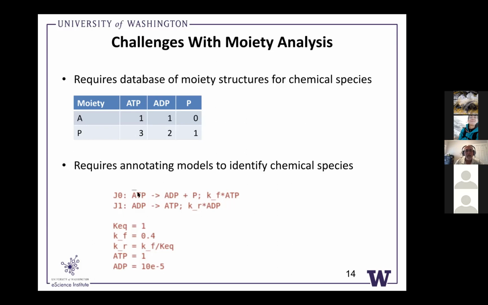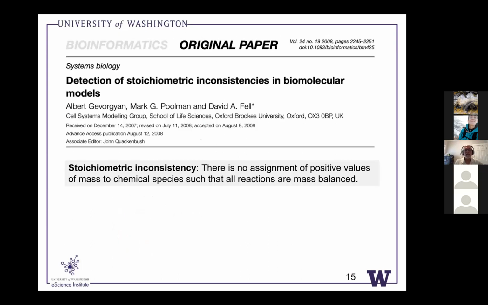And the mass on the left-hand side has to equal the mass on the right-hand side, then P must have non-zero mass, and so the mass of ATP has to equal the mass of ADP plus P. But over here, we're saying the mass of ADP equals the mass of ATP. So obviously here, ATP has to be larger than ADP. Here, they have to be equal. So that's inconsistent.